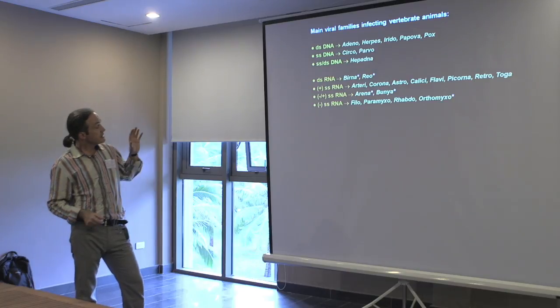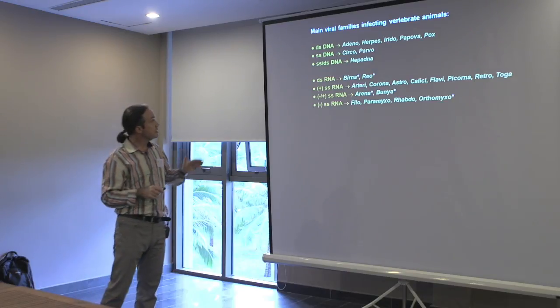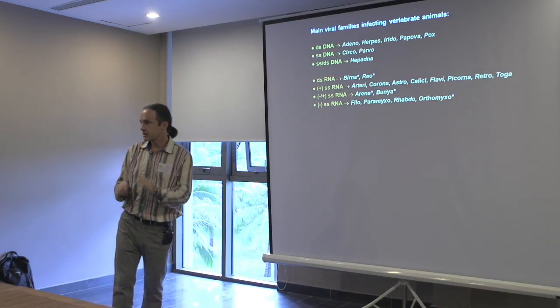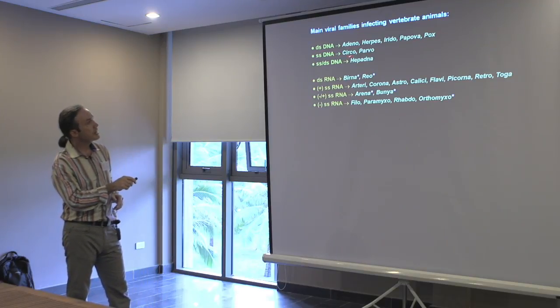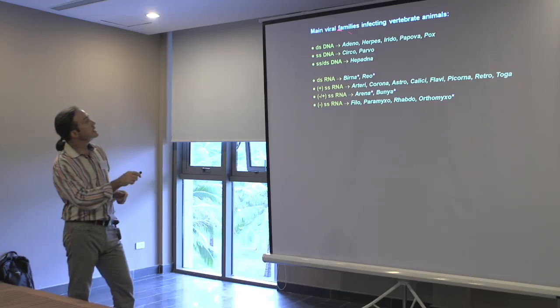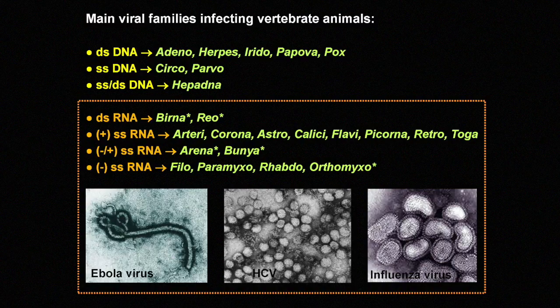In fact, if we focused on the main families that infect vertebrates, only vertebrates, okay? These families, Adenoviridae, Herpesviridae, and so on, have double-stranded DNA as genetic material. These families have single-stranded DNA, which is something peculiar in nature, as genetic material.